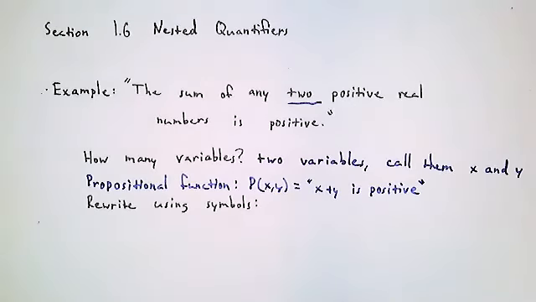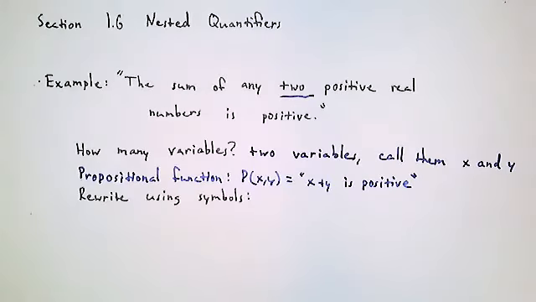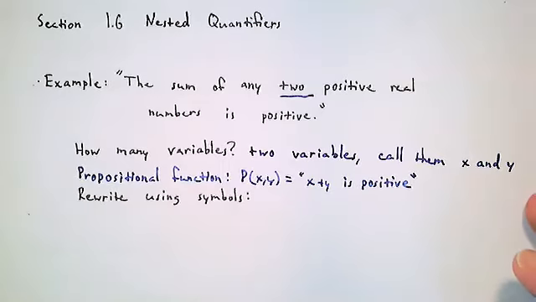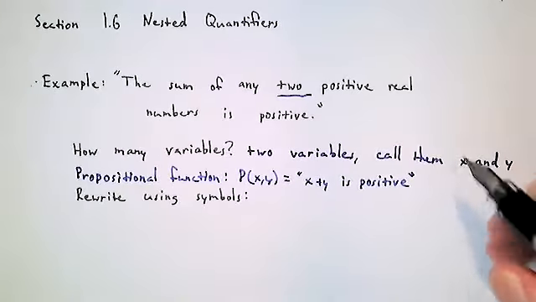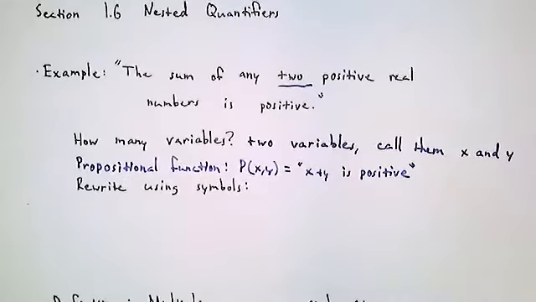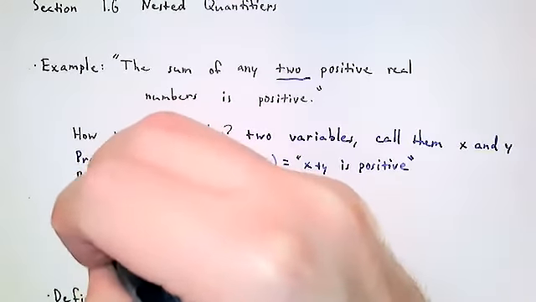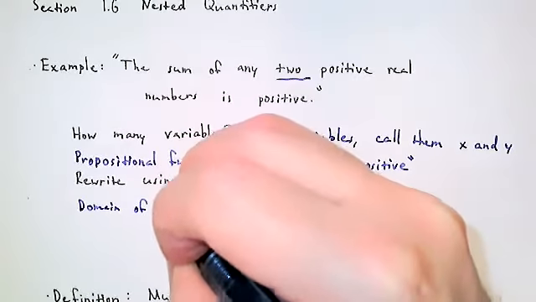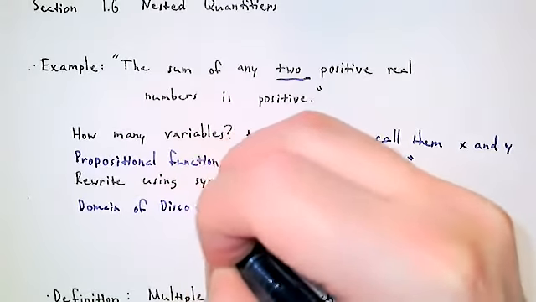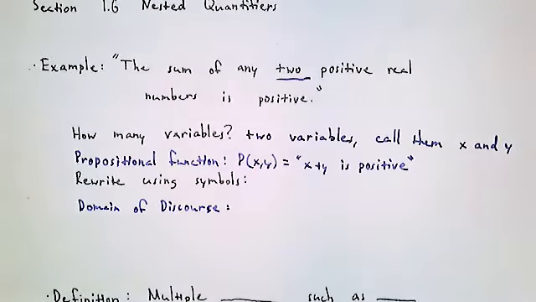What's the domain of discourse for our propositional function? All values of x and y. All values of x and all values of y. Good. I guess I need to come down here a little bit to write the domain of discourse. So we're thinking about pairs of numbers, pairs of real numbers.